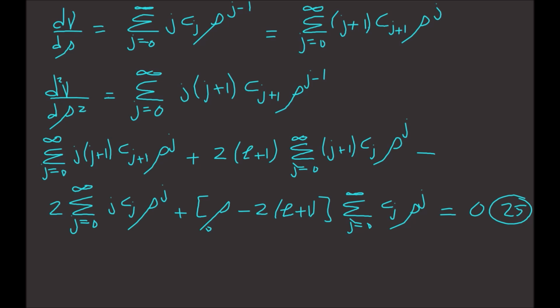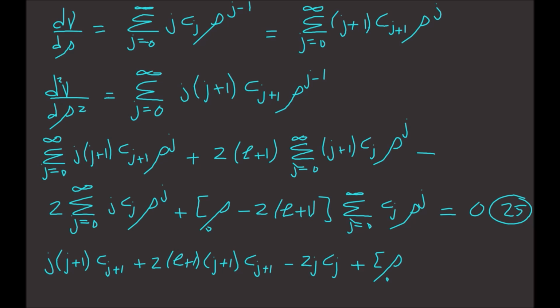Okay, so putting like powers together, we get j times j plus 1 times c sub j plus 1, plus 2 times L plus 1 times j plus 1 times c sub j plus 1, minus 2 times j times c sub j, plus rho naught minus 2 times L times L plus 1 times c sub j.